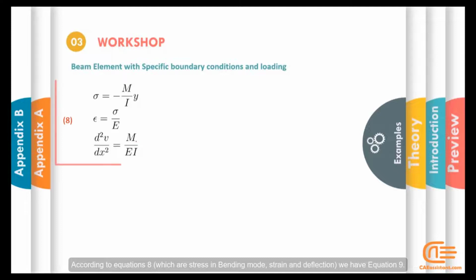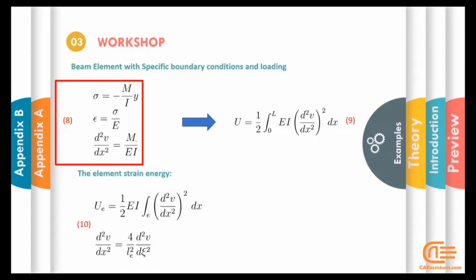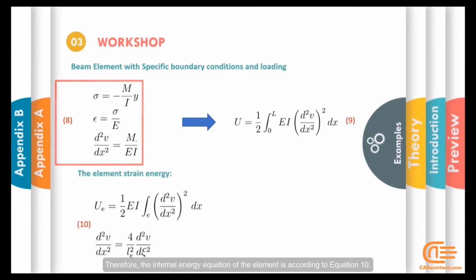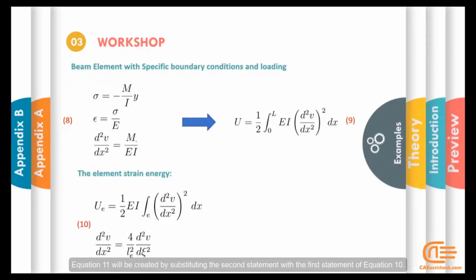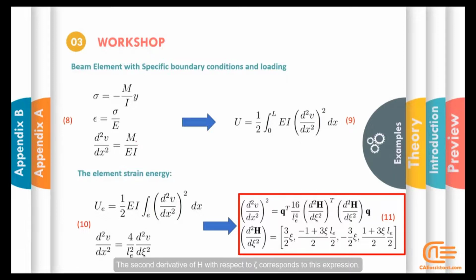According to equation 8, which gives stress in bending mode, strain and deflection, we have equation 9. Therefore, the internal energy equation of the element is according to equation 10. Equation 11 will be created by substituting the second statement into the first statement of equation 10. The second derivative of h with respect to zeta corresponds to this expression.